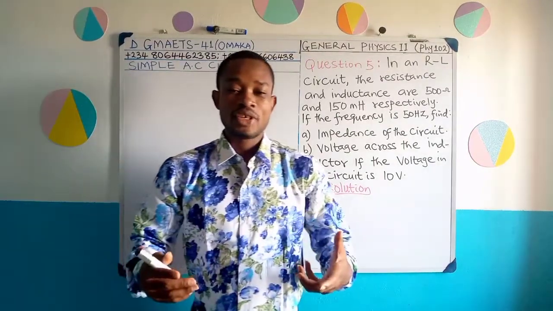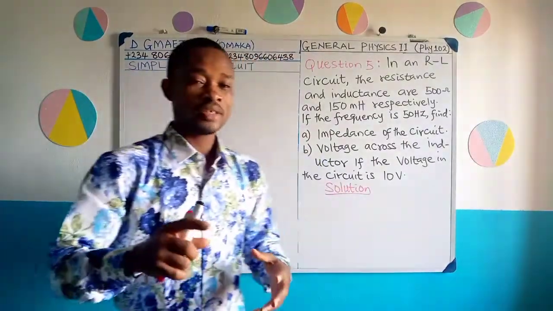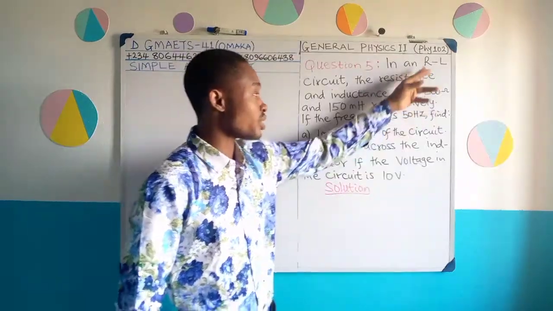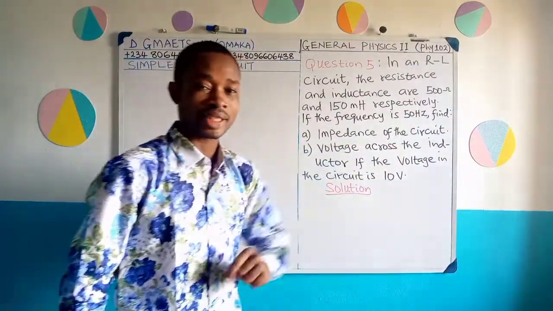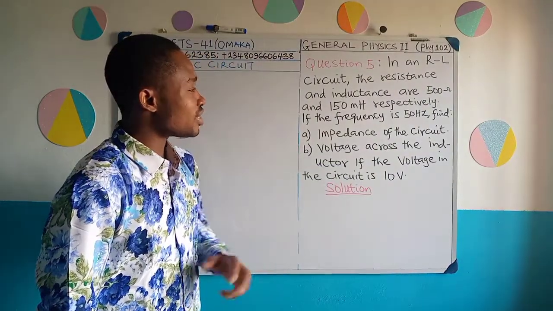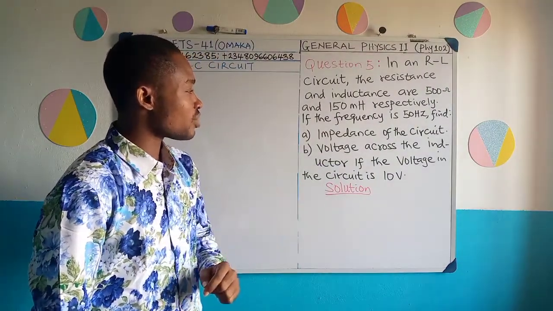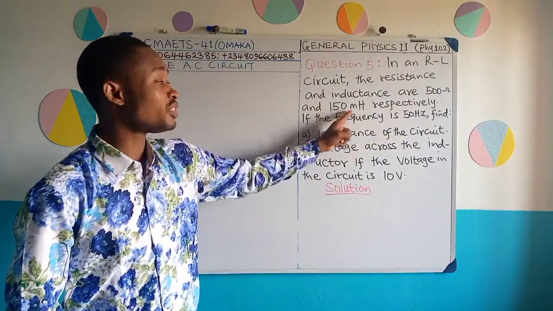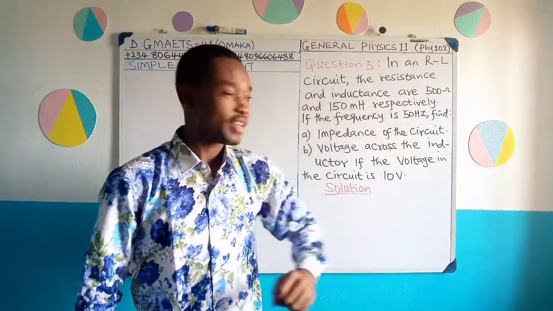In this video, we want to determine certain parameters for an AC circuit that contains a resistor and an inductor. The question reads, in an RL circuit, the resistance and inductance are 500 ohms and 150 millihenry respectively.